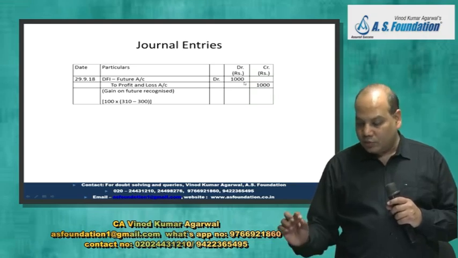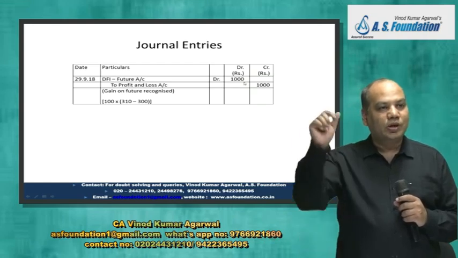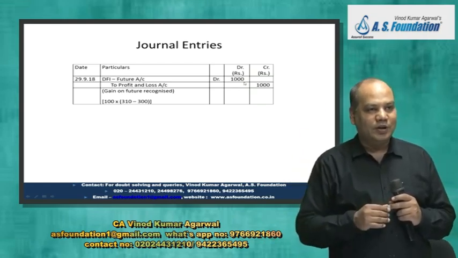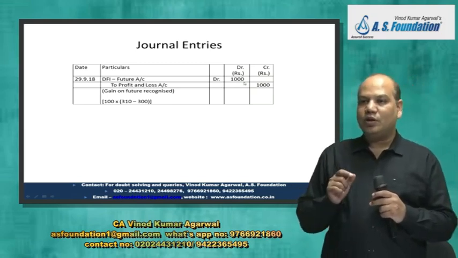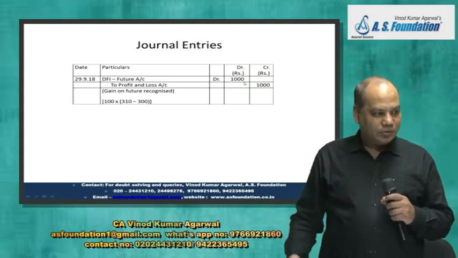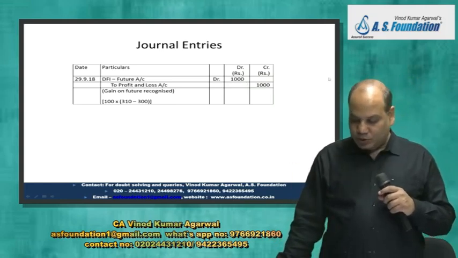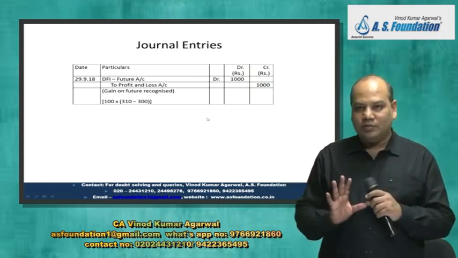This is the revaluation of future, resulting into a gain, because original value was 0, which entry I have not passed. Fair value of future on initial recognition was 0. Now it is 1000 rupees because we are gaining 1000, to P&L account 1000. So this is my profit on this entire deal. Okay.